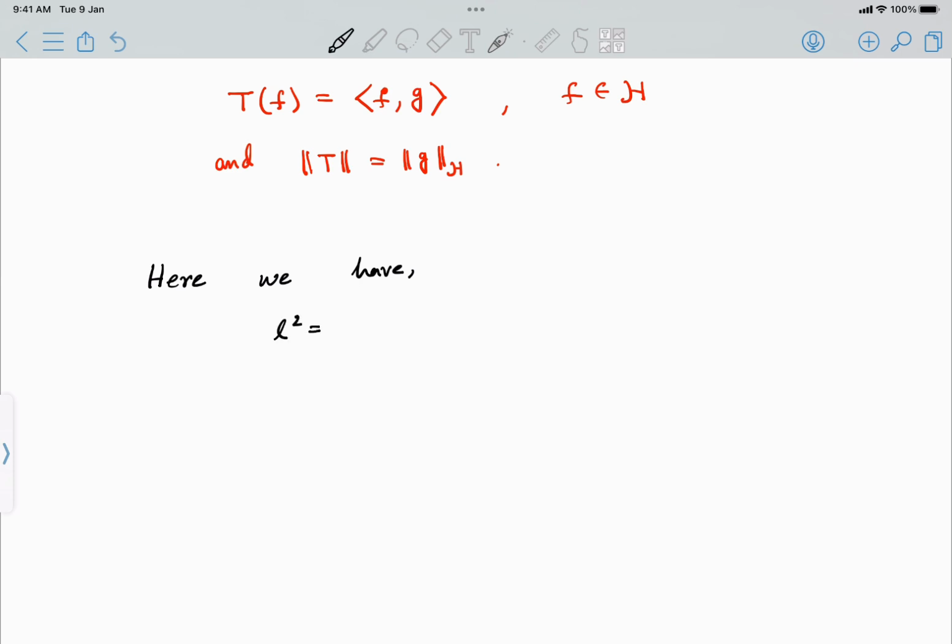L2 is a Hilbert space, and what is the inner product on L2?